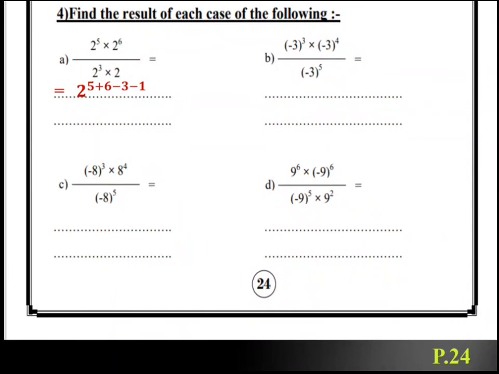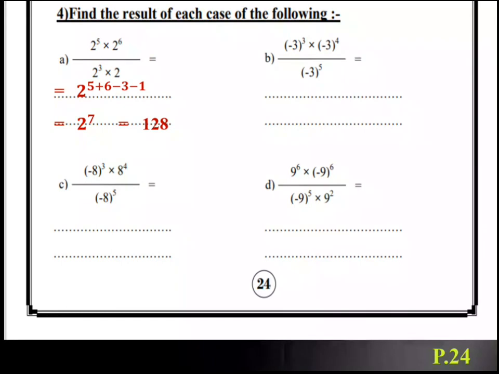The numbers up are added, and the numbers down will be divided, and divided means subtract the powers. So it will be 2 power 5 plus 6, and all the powers down will be with minus, because it's after the division sign, which is over. So it will be 2 power 5 plus 6 minus 3 minus 1, which is 2 power 7, and the answer will be 128.